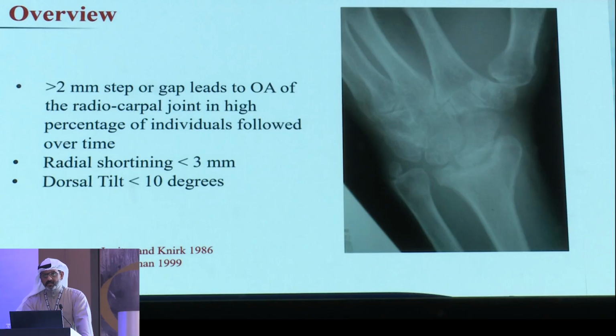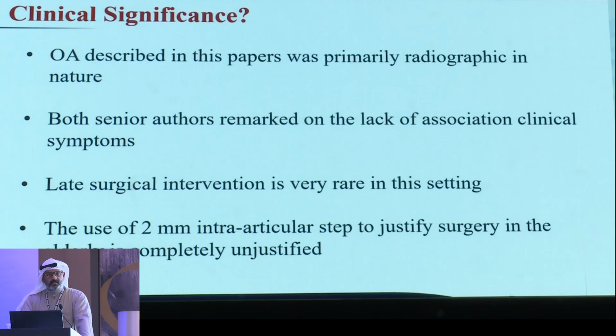So what if these patients are older than 80 years? Because as we know, the survival rate by age is higher these days. The problem with these studies is that osteoarthritis is described primarily in radiographs only, and both seniors remarked on the lack of associated clinical symptoms.